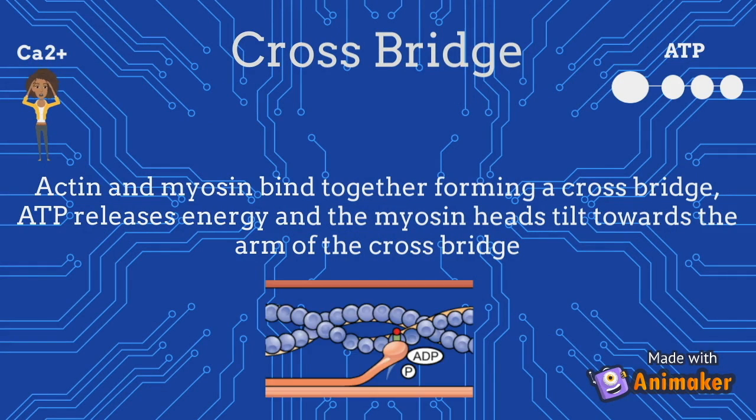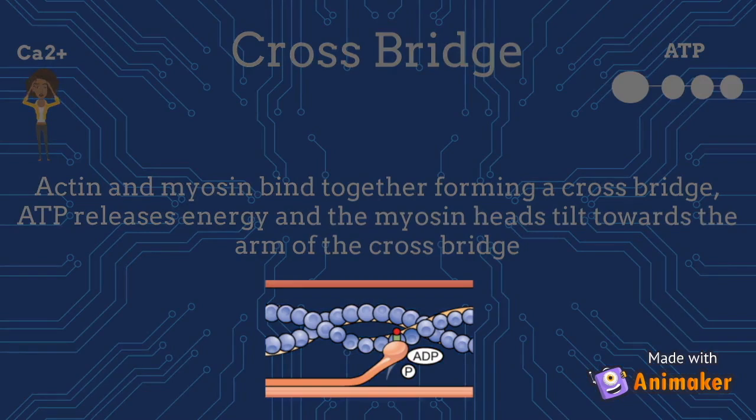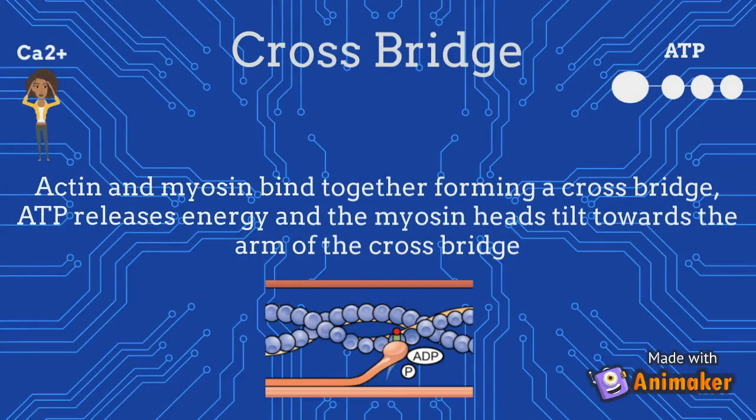Once this has happened, the actin and myosin can form together to create what's known as a cross bridge. And this is where the myosin grabs hold of the actin and it's ready to initiate a power stroke. Now the power stroke comes when the ATP releases the energy, obviously turns into ADP plus P, but the energy is released and this allows the slide to happen.